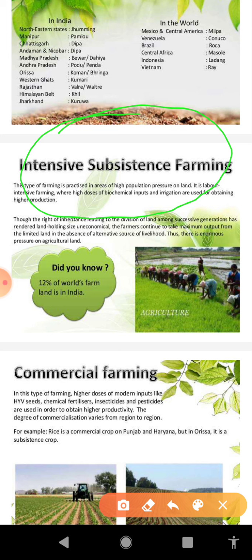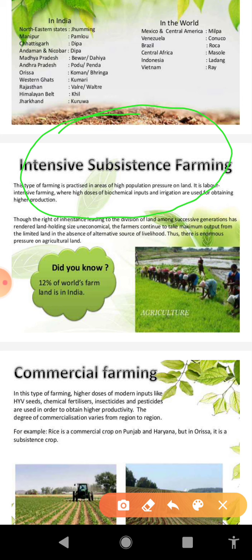So now let us discuss some of the characteristics of intensive subsistence type of farming. Here the per hectare yield is high. Farmers are using all the modern inputs like fertilizer, pesticide, high yielding variety of seeds, and other modern agricultural implements in the farm to get maximum output.